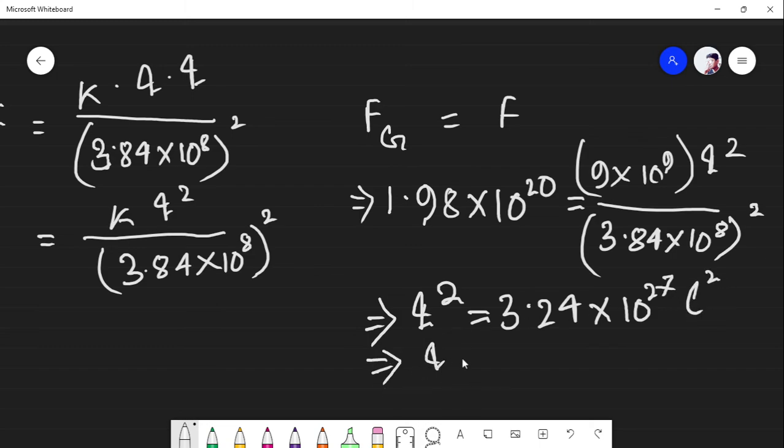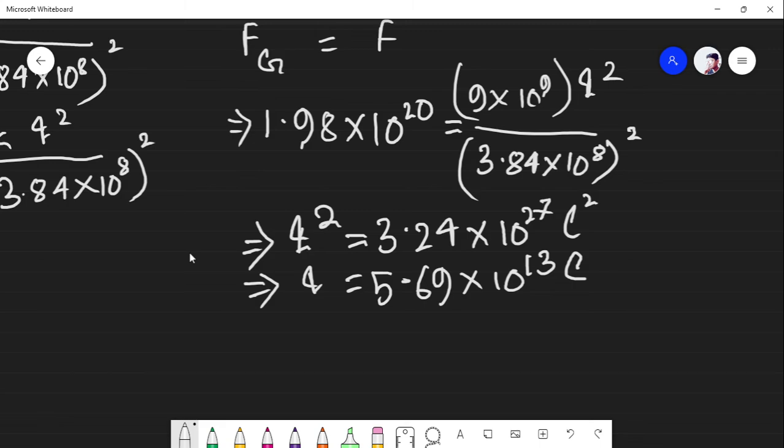So the Q will be the root of this term, which will be 5.69 into 10 to the power 13 coulombs. So this amount of charge should be placed both in the Earth and the Moon, and then the Moon will come out of its orbit.